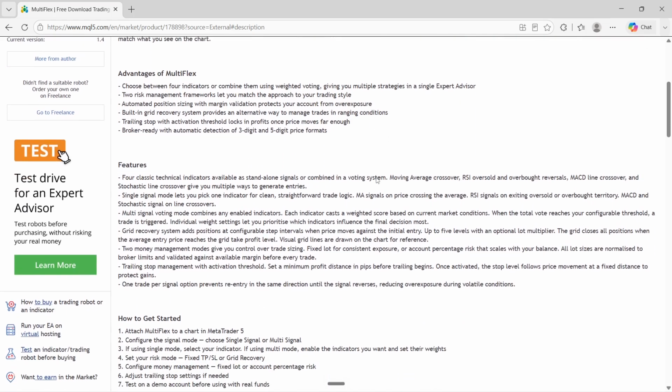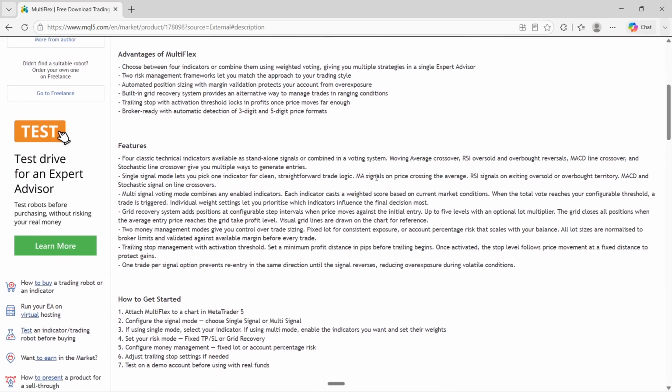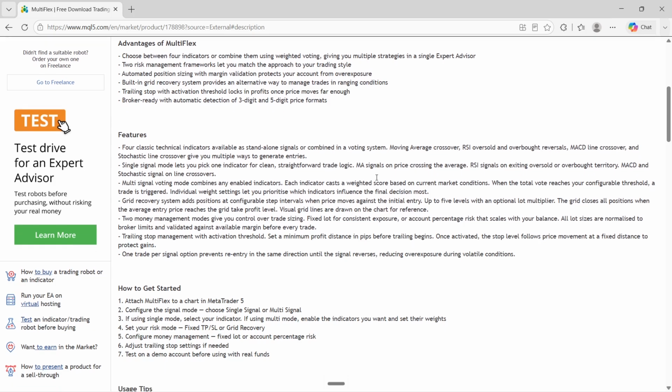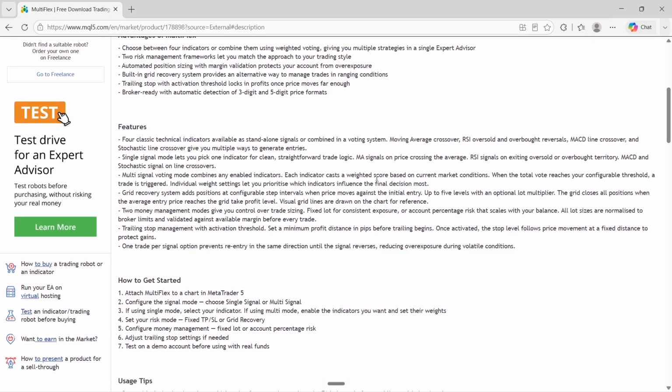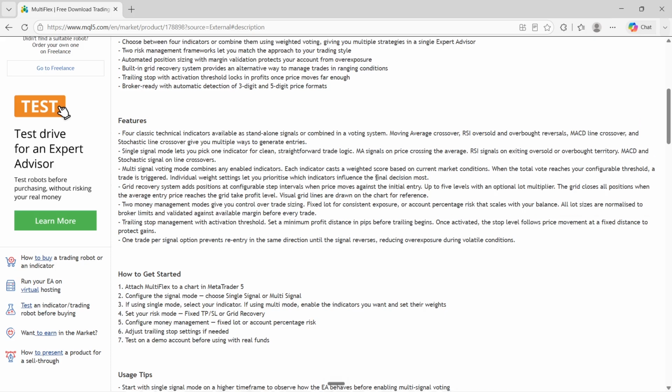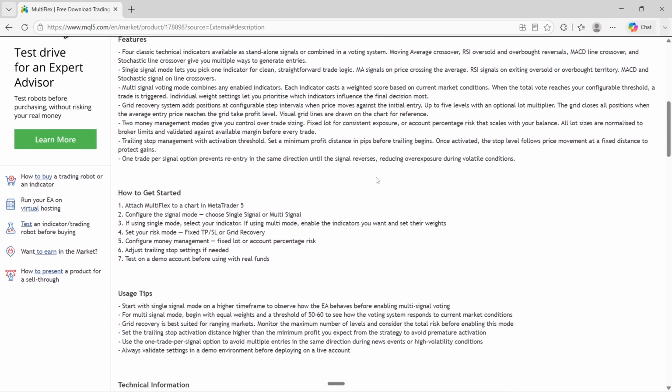Trade management comes in two frameworks: fixed take profit and stop loss, or a grid recovery system that can add up to 5 levels with an optional lot multiplier. Trailing stop with an activation threshold is available for both approaches.